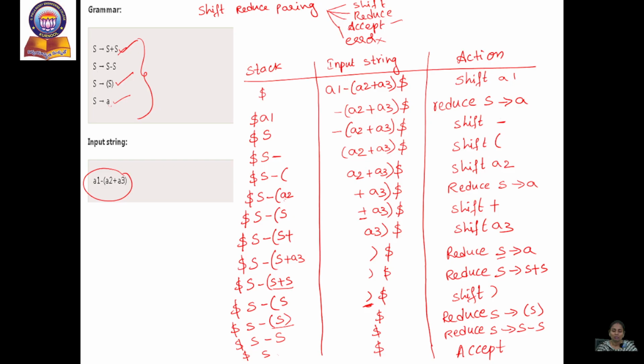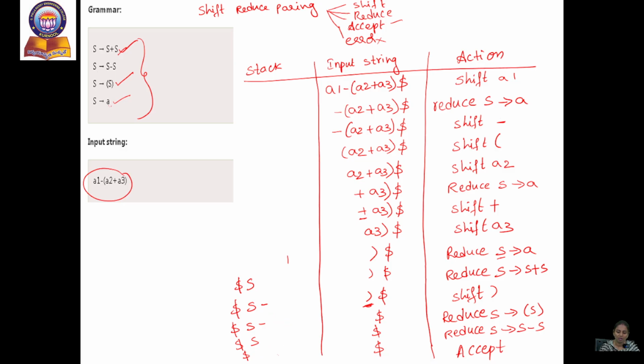Suppose I give an example of how an error can occur. What about the error action? I have given the example where the string is accepted, so the action accept we have done. So what about the error? I'll explain that.